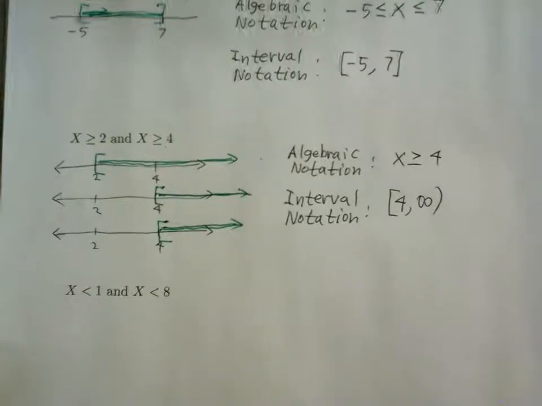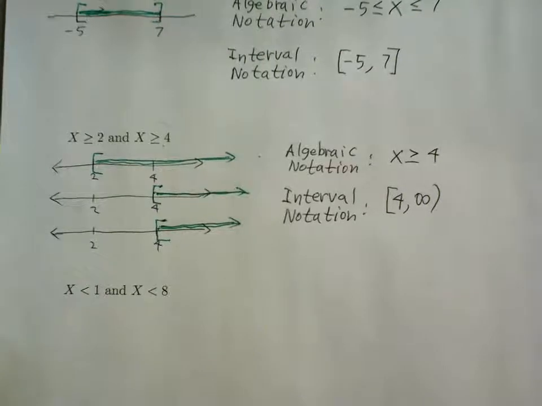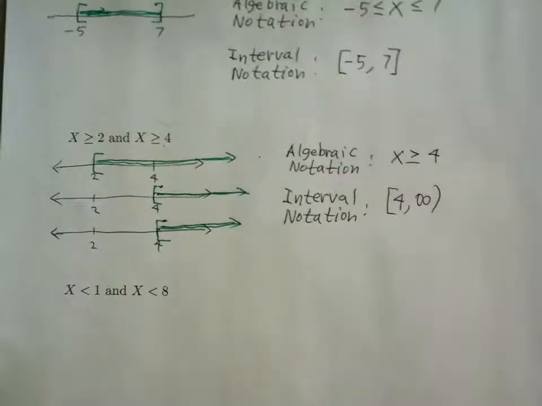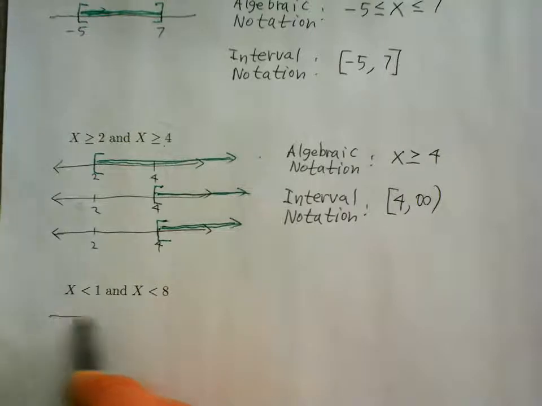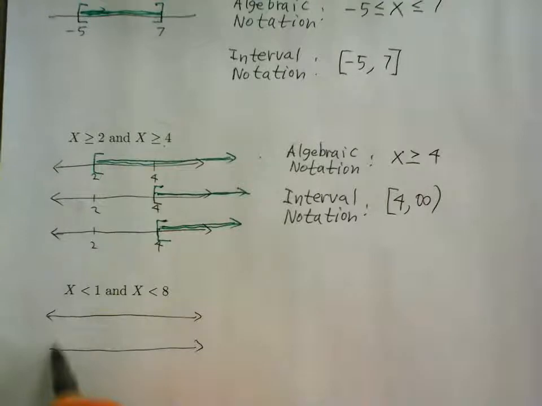Okay, the next example, x is less than 1 and x is less than 8. So let's do the 3 graphs again and then look at the overlap or the intersection.